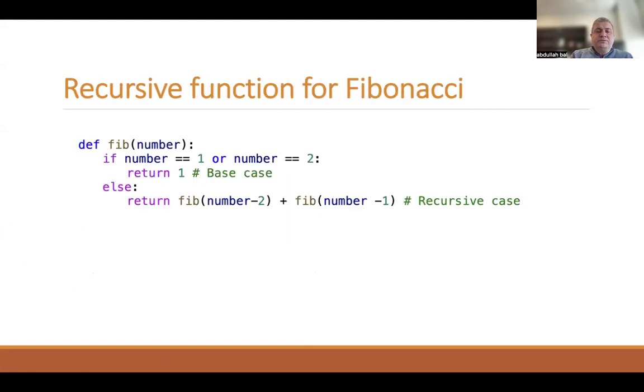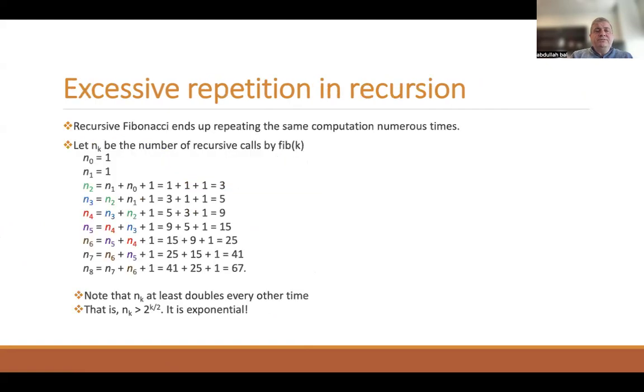But when we compute these Fibonacci numbers, for example, Fibonacci number 4, we need to compute Fibonacci number 3. To compute Fibonacci number 5, again, we need Fibonacci number 3. So in this algorithm, we need to compute any Fibonacci number more than 1 time.